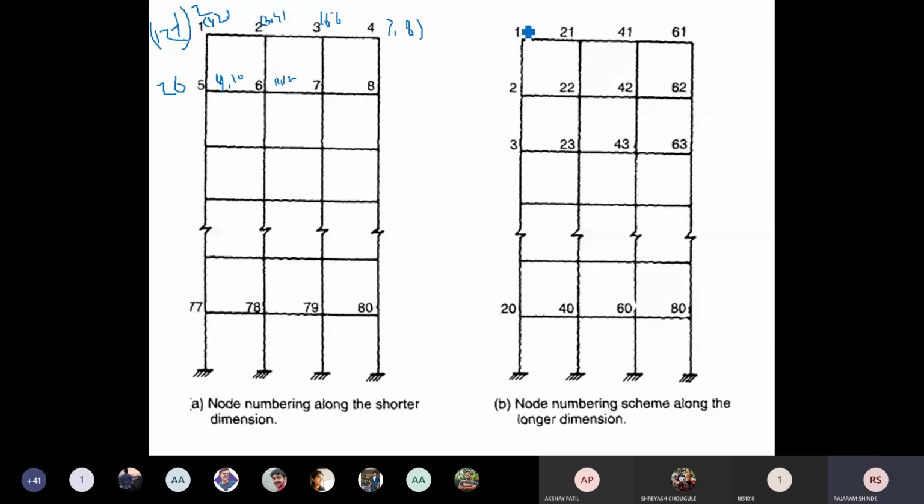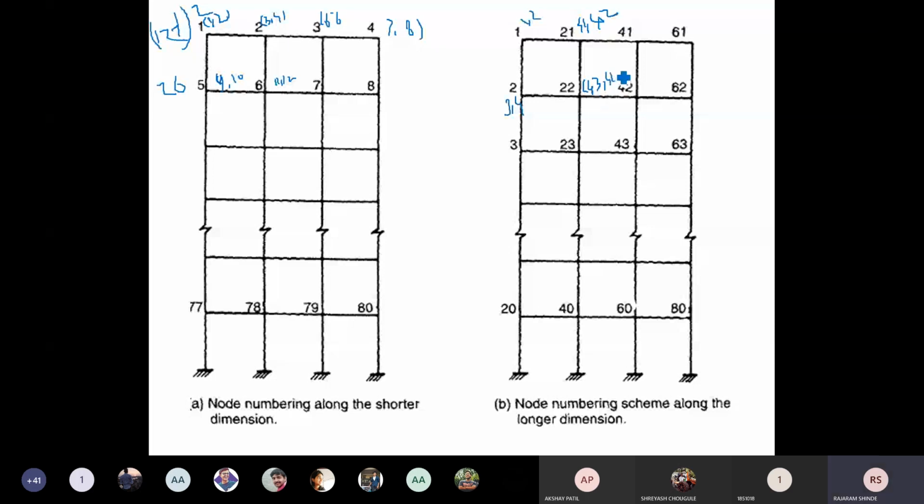Here you have 1, 2, here it is 3, 4, and here it is 21, 21 into 2 is 42, so 41, 42. Next here it is 43, 44.